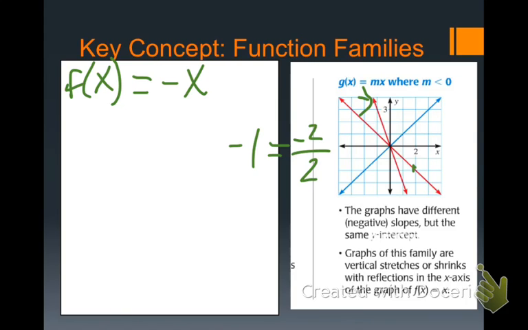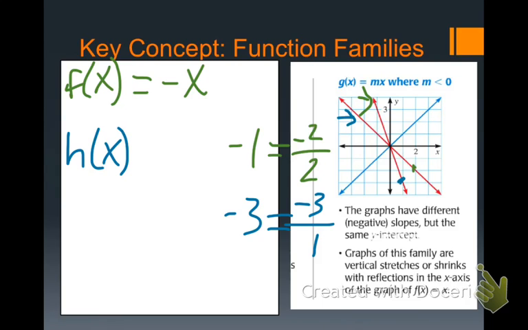So then for the other one, this one right here, it goes through the point (1, -3) right here. So again, we'll count from the origin, -1, 2, 3, over +1, and -3 divided by 1 is -3.